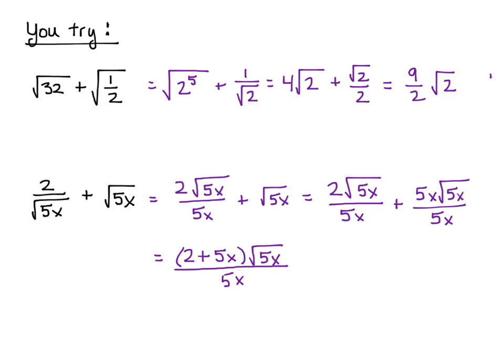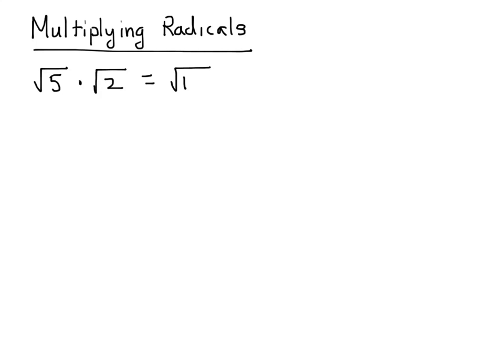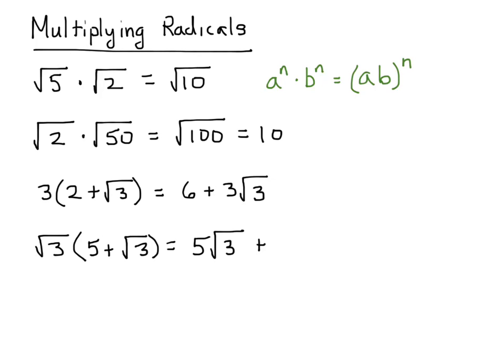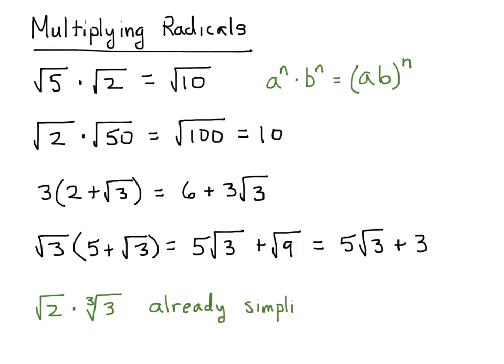All right, so we actually have quite a bit of time left. So what I'd like to do is start into multiplying radicals. And multiplying radicals works just like multiplying things with exponents.